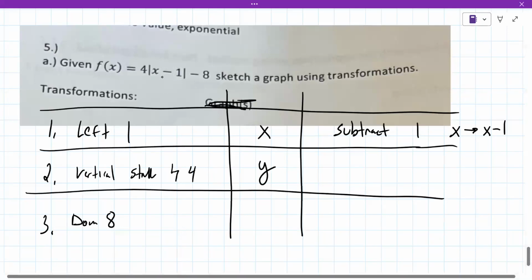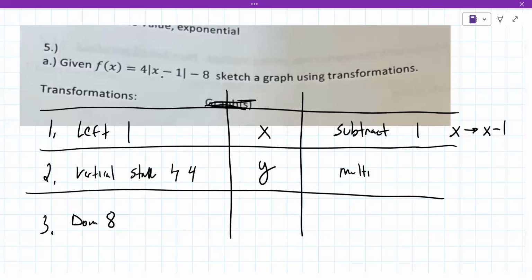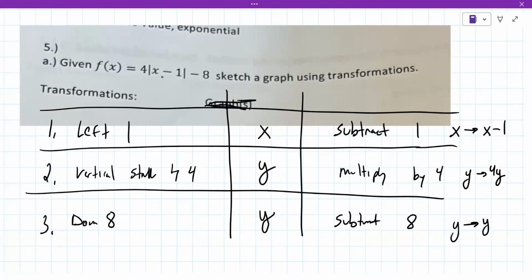Okay. Yeah, so you multiply by 4. So Y becomes 4Y. And then down 8, you said affects the Y. Could you tell me what that does? Do you add, subtract, multiply, or divide by 8? Subtract. Yes, subtract 8. So the Y becomes Y -8.